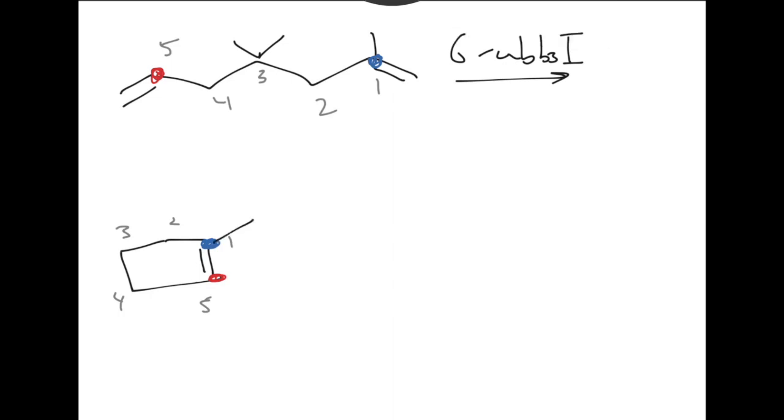Carbon 3 in our starting material has 2 methyl groups, so carbon 3 needs to have 2 methyl groups. And what if I treated that with HBr, hydrogen peroxide, and light?